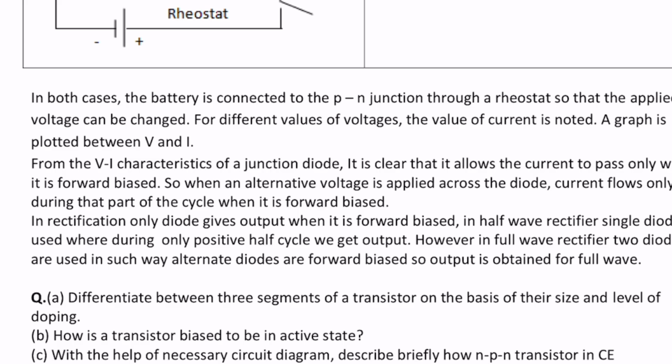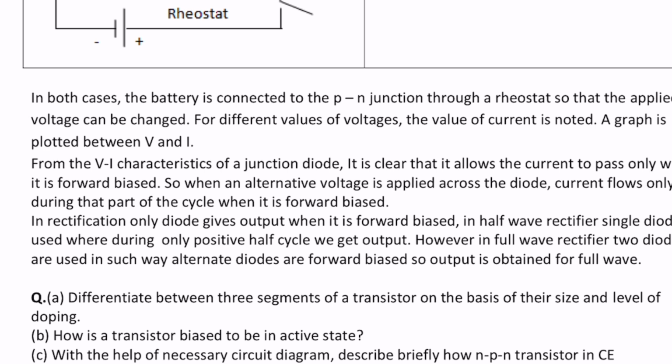And in the reverse bias PN junction, what happens? The P type becomes negative and the N type becomes positive, correct? In the reverse bias condition, normally the current is 0, but after a particular voltage, if breakdown happens because of avalanche, then a huge current flows.